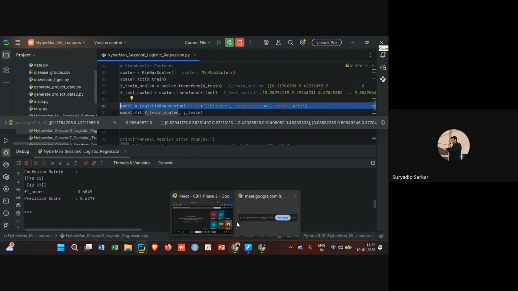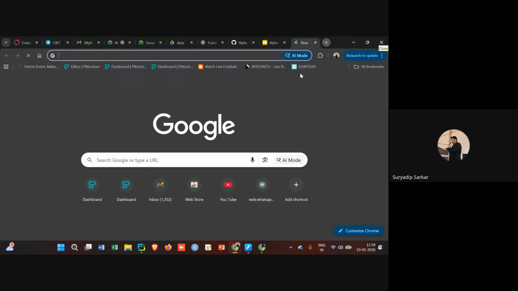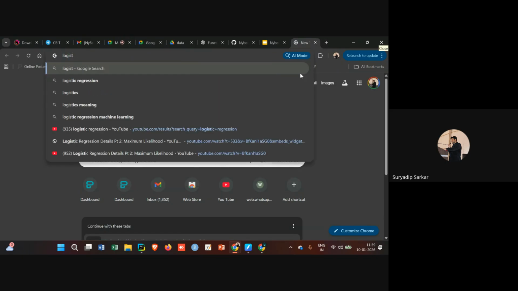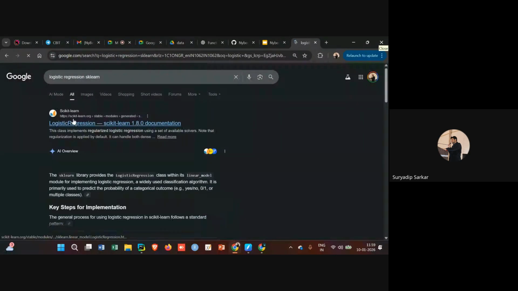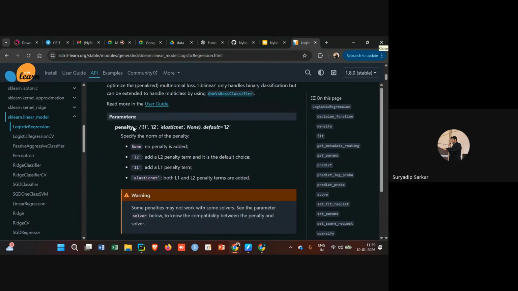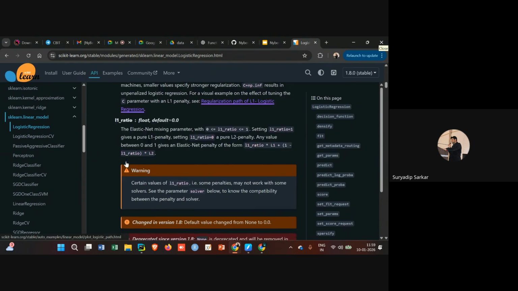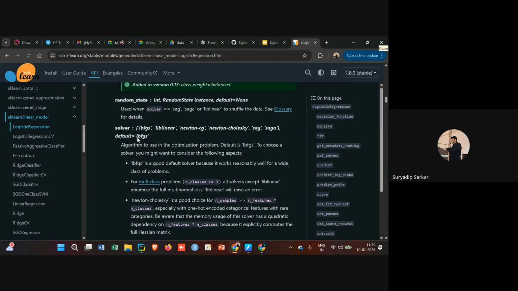If I go ahead and show you on the documentation, I will type in logistic regression sklearn. As you can see, with respect to the solver parameter, there are several algorithms available.